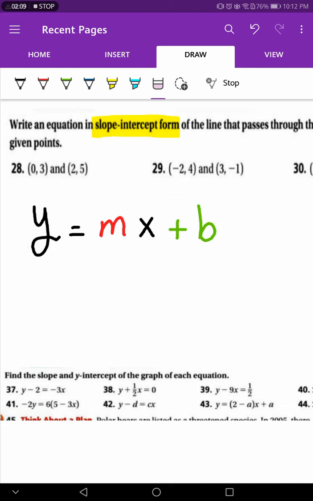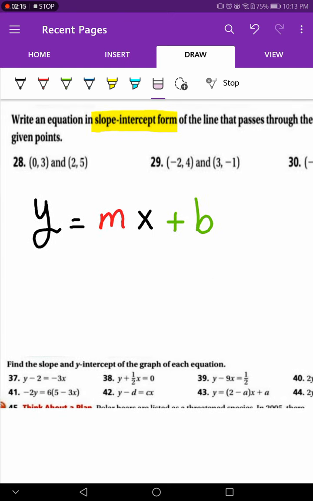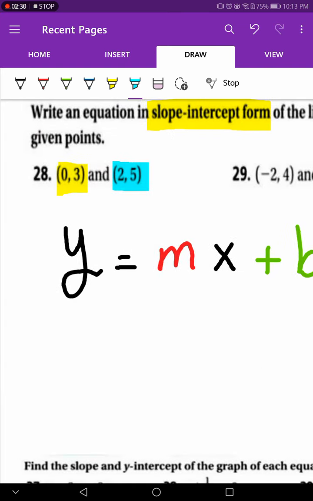Now write an equation in slope intercept form of a line that passes through given points. So in 28, the line passes through 2 points, 2 ordered pairs. This is the first ordered pair and this the second ordered pair. My dear student, I know you know that each ordered pair consists of x and y.